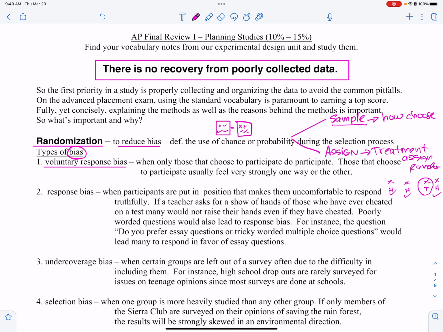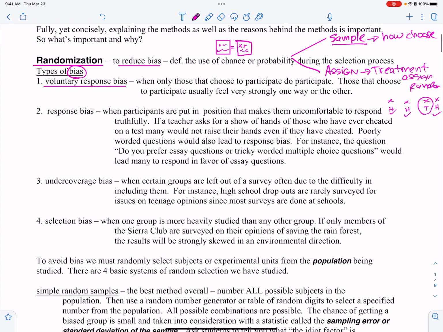Therefore, that tends to change the direction of what the true population would be, in their direction of response. Remember, that's what bias is: when you are leaning one way or another. And with the AP test, you need to make sure you talk about which way the bias in the problem is causing the result to lean and why.